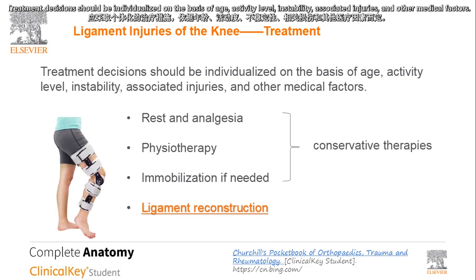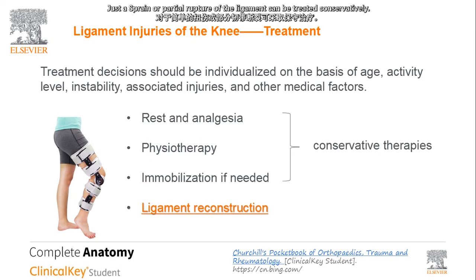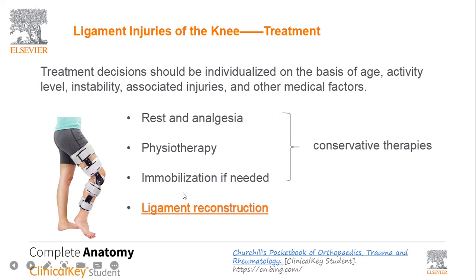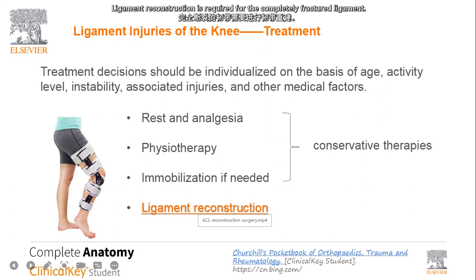Treatment decisions should be individualized on the basis of age, activity level, instability, associated injuries, and other medical factors. Just a sprain or partial rupture of the ligament can be treated conservatively. Patients are asked to rest and treated for analgesia, usually combined with physiotherapy and immobilization if needed. Ligament reconstruction is required for the completely ruptured ligament.